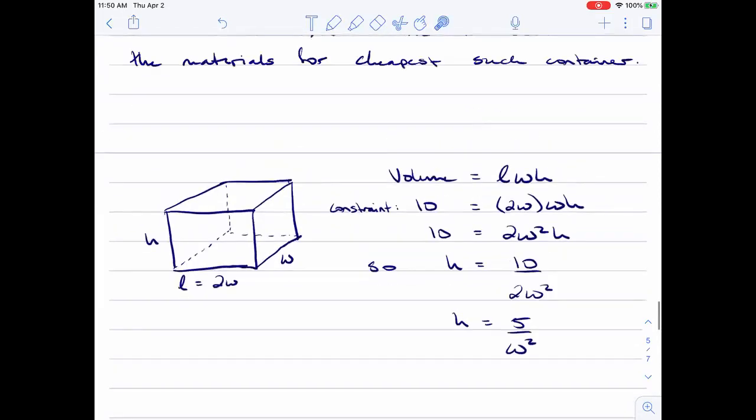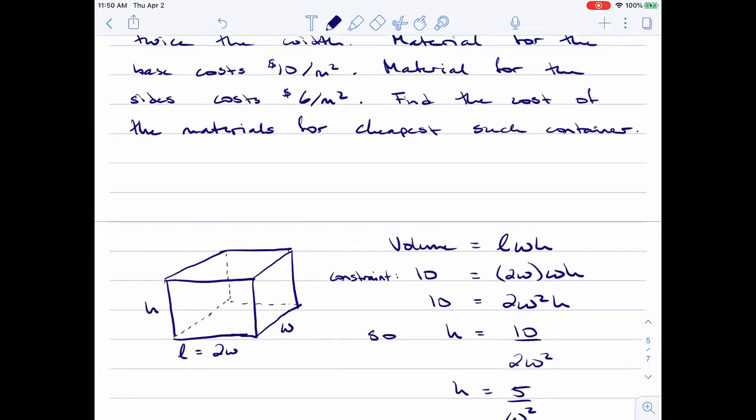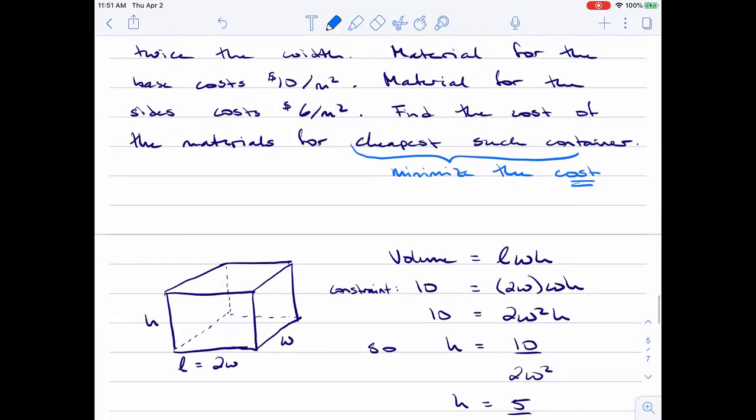We wanted to minimize the cost, right? So I'll just make a note here. Minimize the cost. Okay. So we need a cost function.